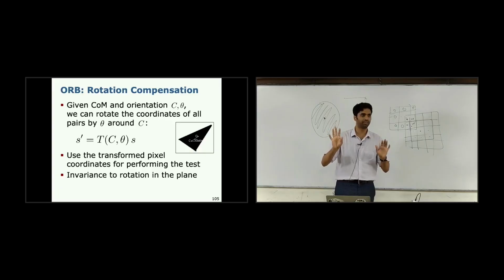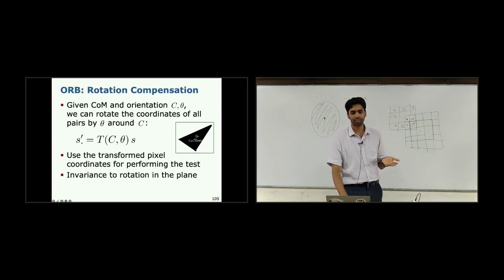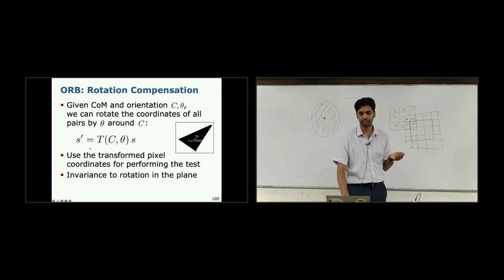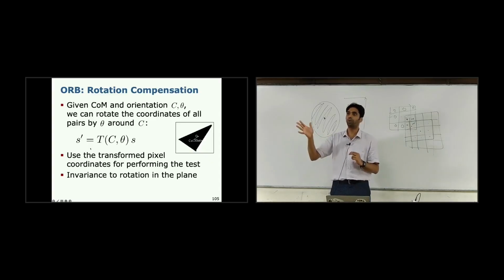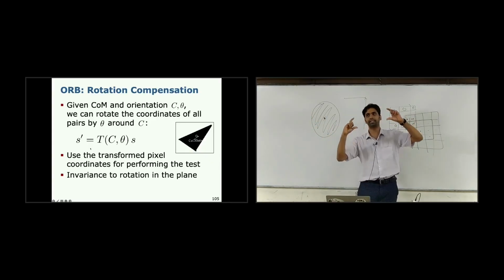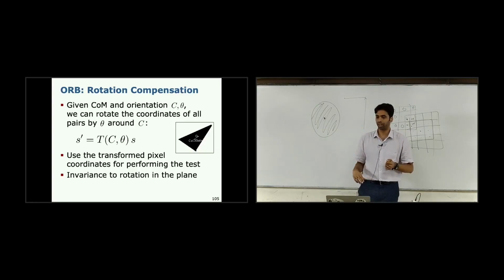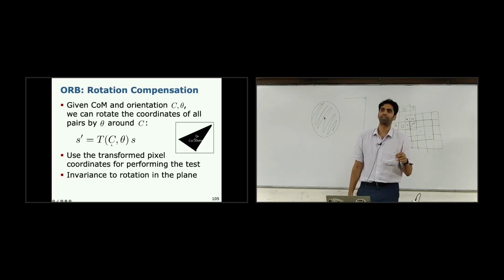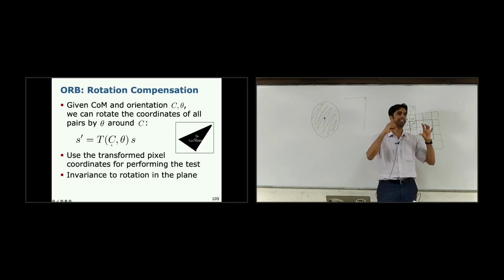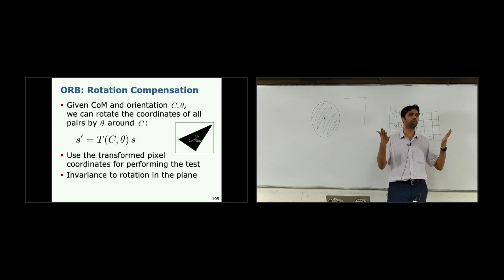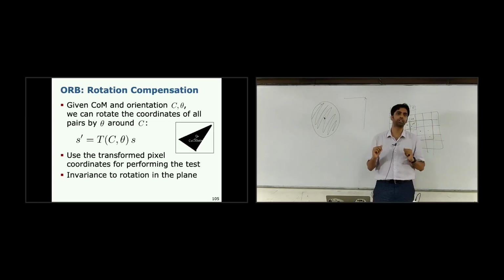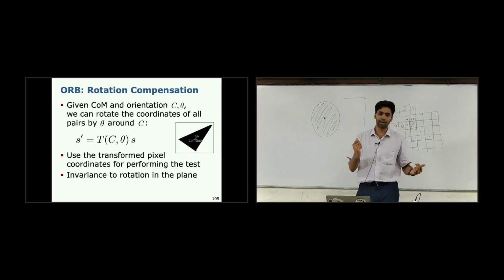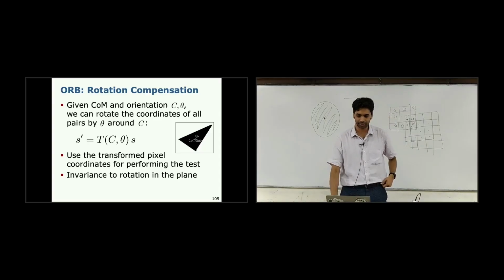Now you can match them again. That's the trick that you're doing with ORB. Because of this, now you get rotation invariance as well. So now you can use binary descriptors even when you have images that are, to some extent, rotated. This of course depends upon the theta and the c that you estimated being good enough. Sometimes the theta and the c that you estimate is not good, and then you're doing a bad patch transformation. It won't match, but that's part of the game.